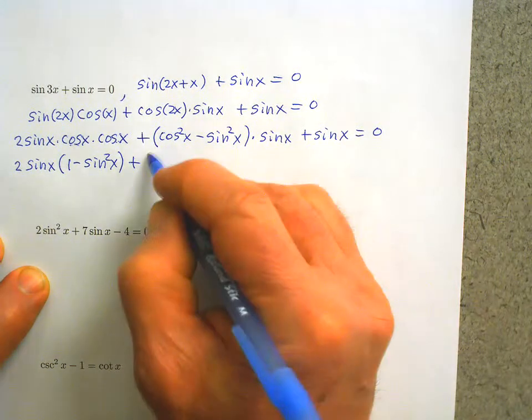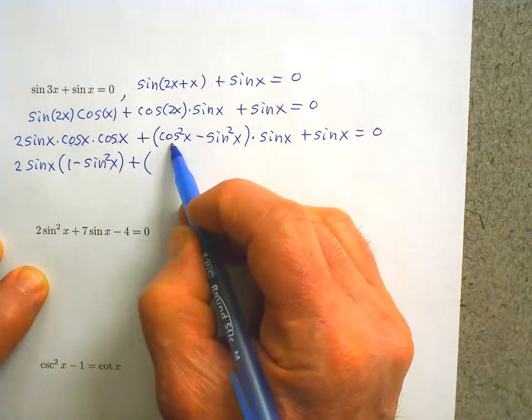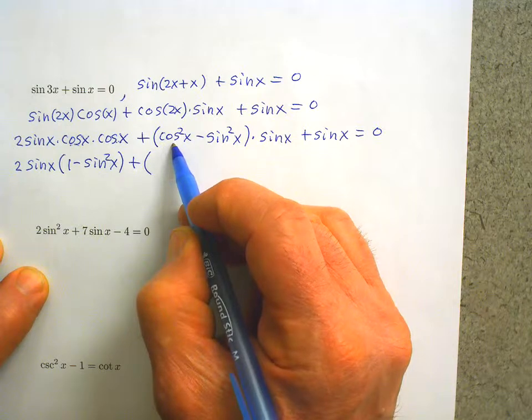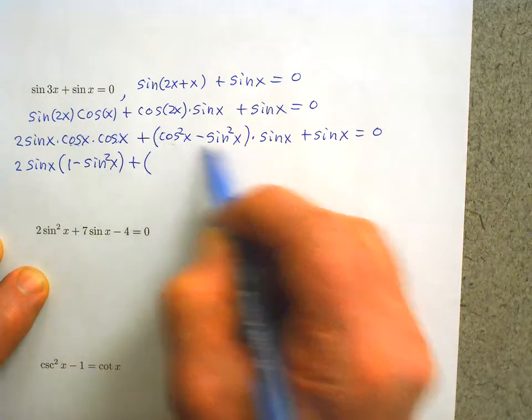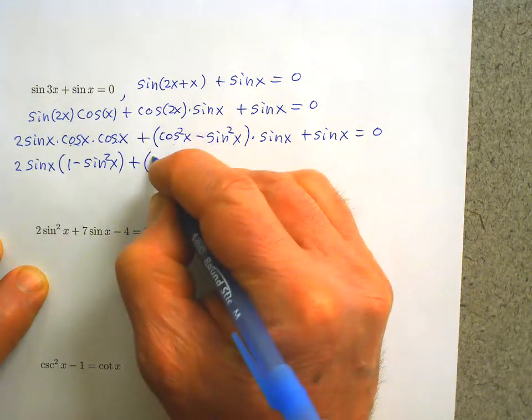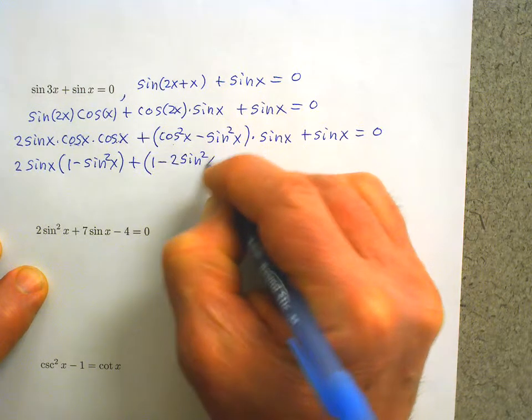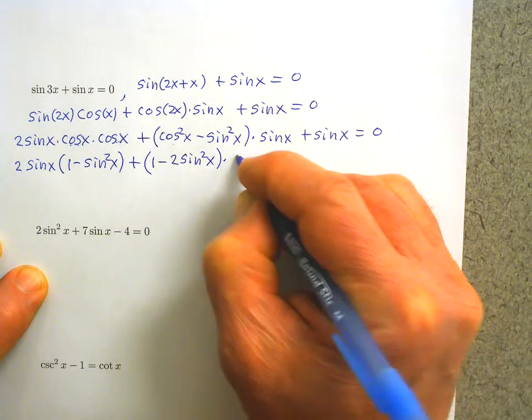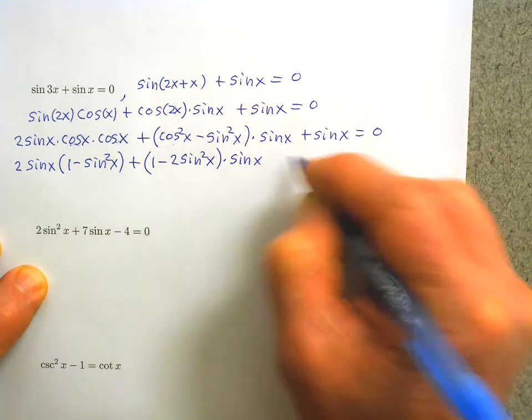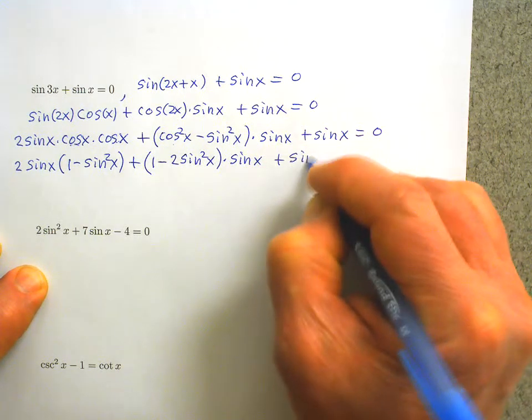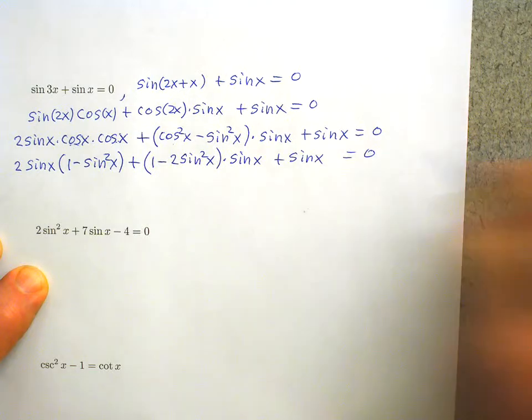And then here, I'm going to replace cosine of x squared with 1 minus sine of x squared. So altogether inside that set of parentheses, we'll have 1 minus 2 times sine of x squared times sine of x plus sine of x equals 0.